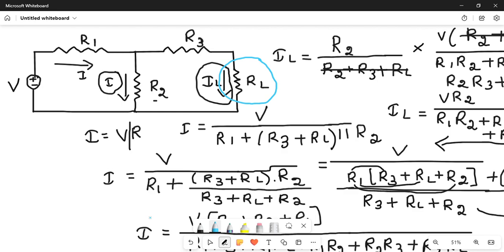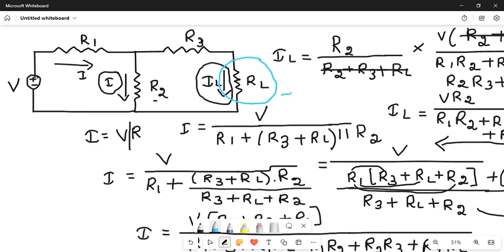In the procedure for solving, the first step says that the load impedance through which the current is to be found is removed and an open circuit is created across the terminal. That means, this is the load impedance, that is RL.